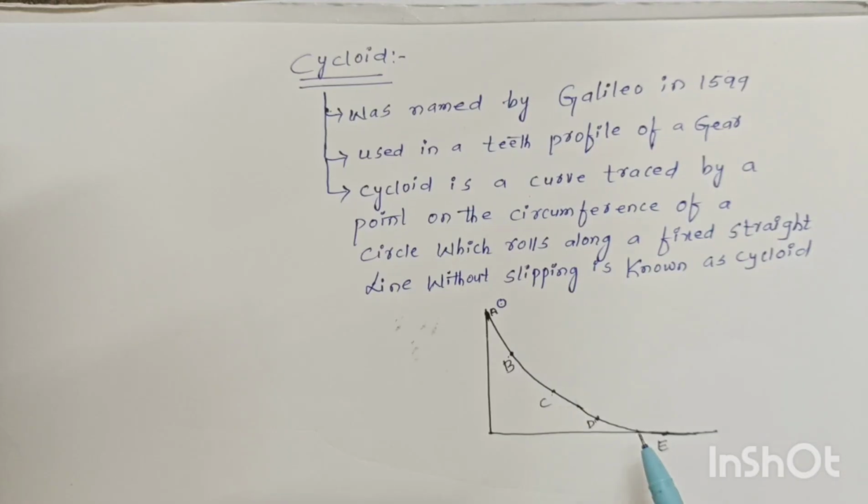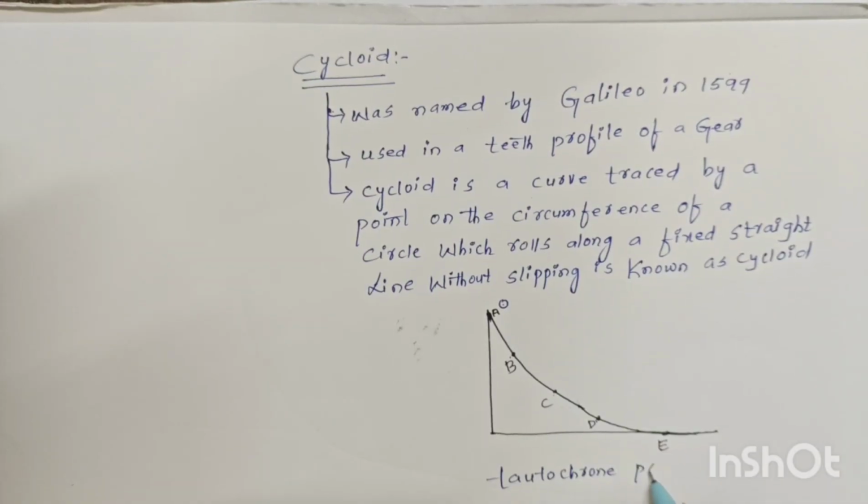This is mainly used in the tautochrone problem, in which we are using this cycloid. Clear? So I am representing here the tautochrone problem.